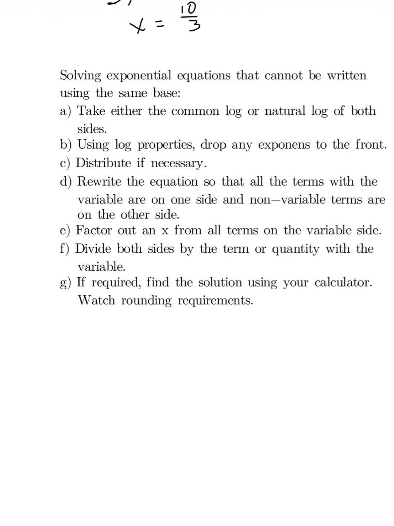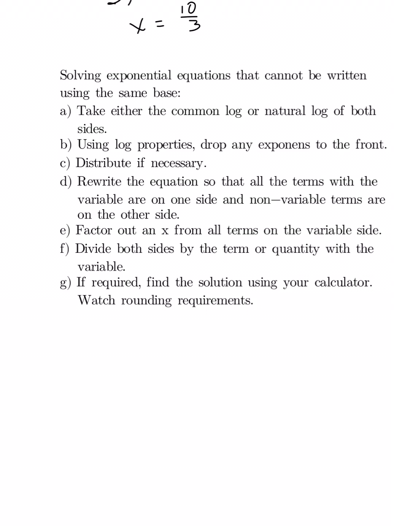If you have any distribution that occurs, you need to do that. Then you're going to rewrite your equation so that any terms that have the variable are on one side and non-variable terms are on the other side. Factor out an x from all the terms on the variable side if you need to.